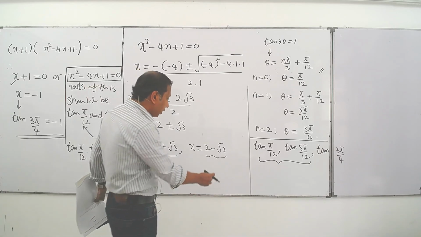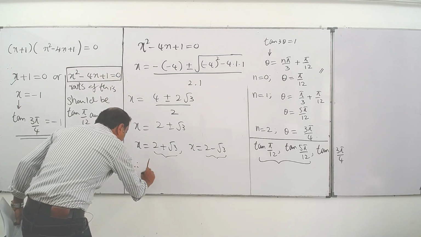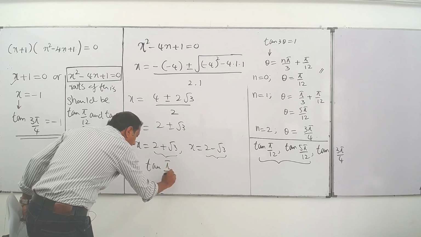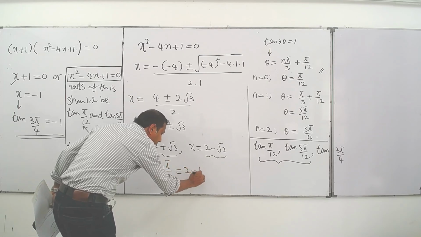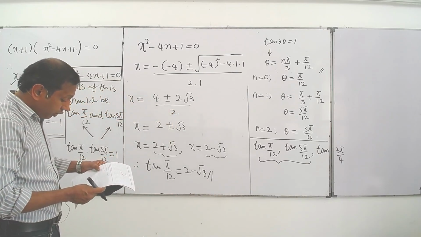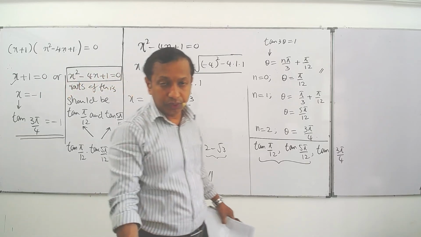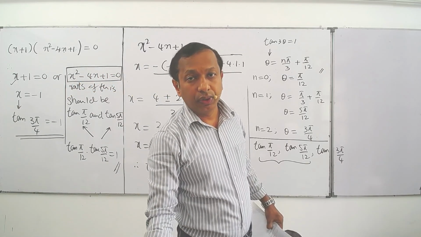So therefore, this should be the answer of tan pi by 12. Therefore, tan pi by 12 should be 2 minus root 3. This is how we take that answer. Right, no? Okay, so we finish the weekly paper 3.